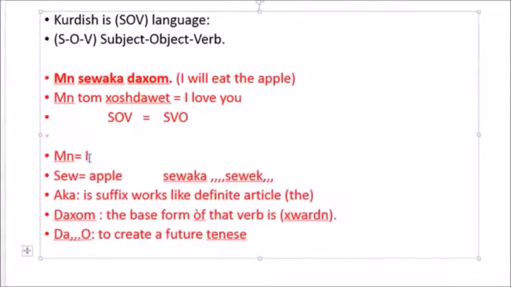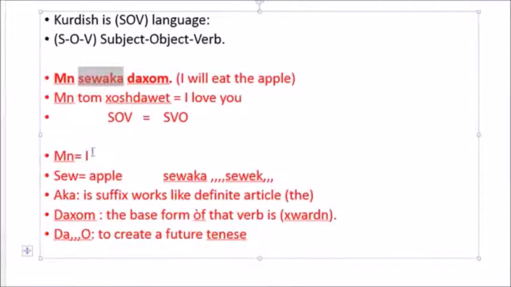Let me interpret this sentence. Min means I, which is the subject. If you don't know about the personal subject pronouns, I suggest that you go back to the second lesson to learn about them. Sew means apple. So why is it sewaka in the sentence?